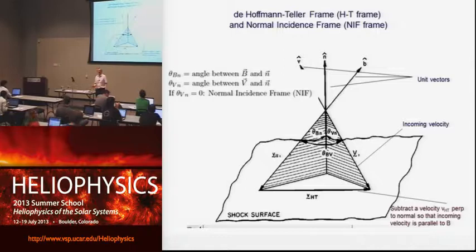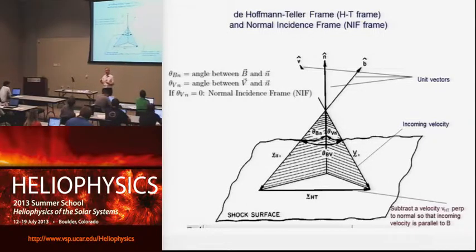There are several things here, and I'm going to have to skip some things. But there's an important issue about something called the Hoffman-Teller frame. It's the idea that by a suitable frame transformation, which keeps the shock stationary, a frame transformation along the shock surface, you can make the upstream flow parallel to the magnetic field.